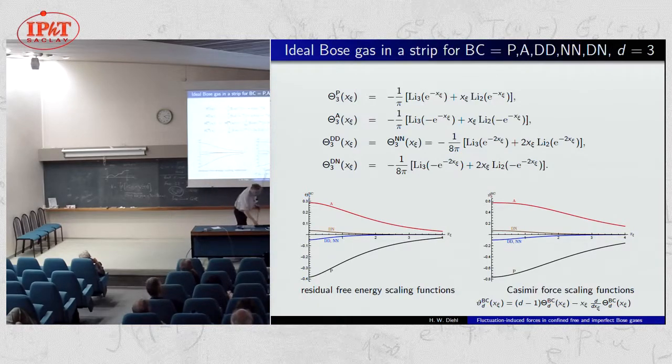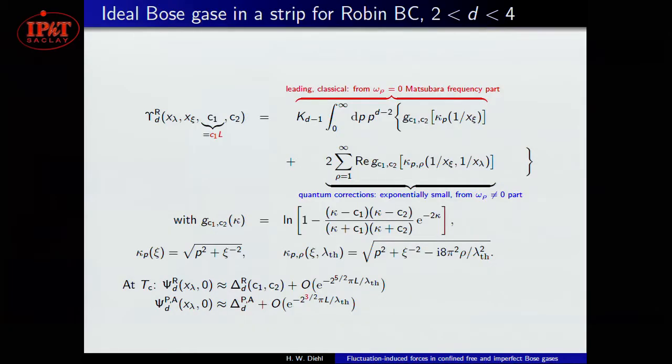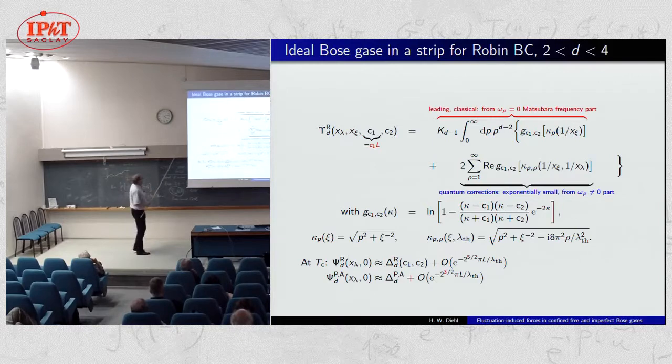Now what about the Robin case, which is more complicated, and what about quantum corrections? In the case of the Robin boundary conditions on both plates, we have two more arguments because we have two surface variables which enter in scaled form here. And one can derive such a result. So this is the classical part, which comes from the zero Matsubara frequency portion.